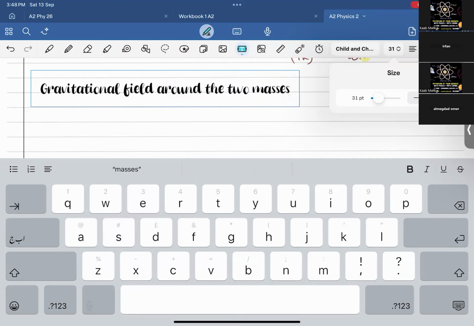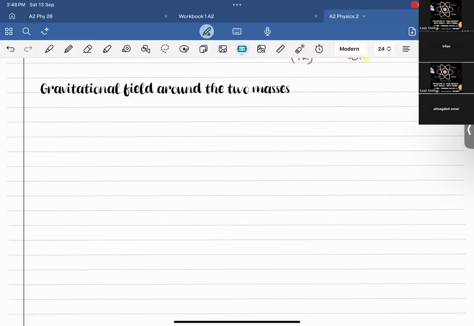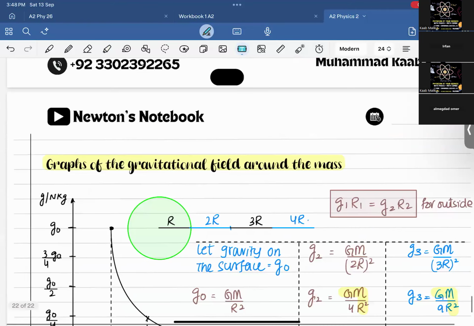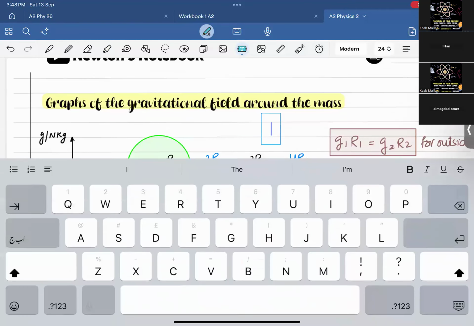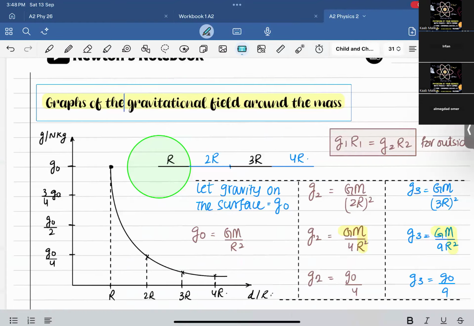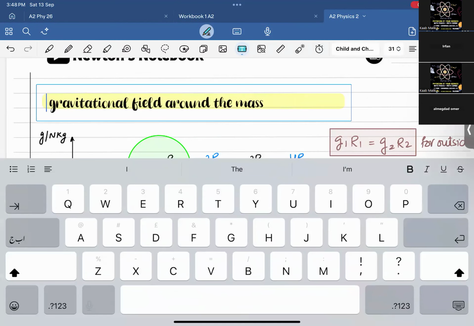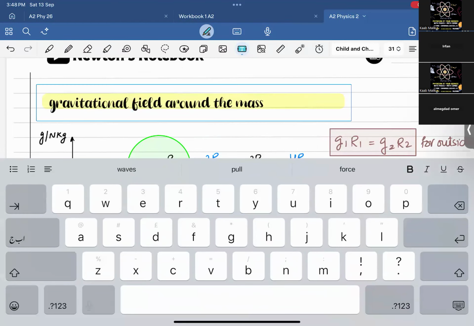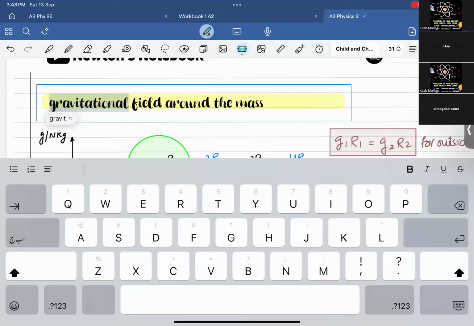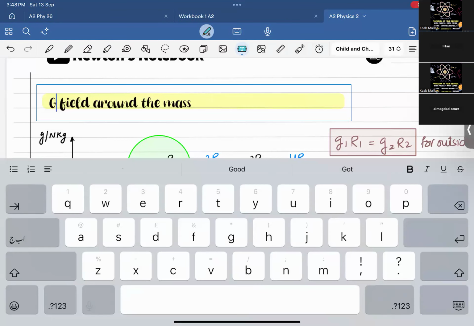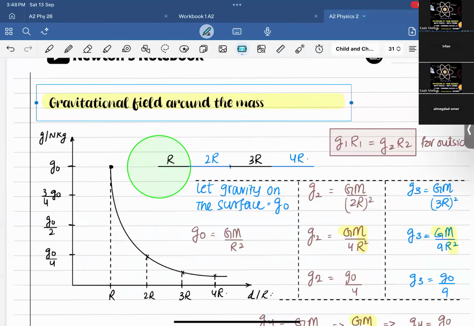Okay, so this is gravitational field of one mass. Gravitational field around the mass. Okay, perfect.